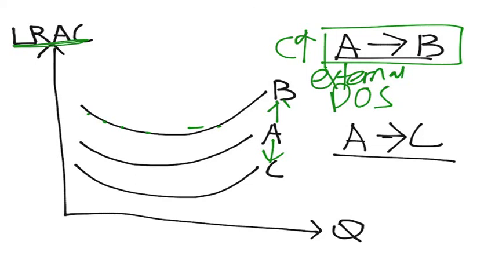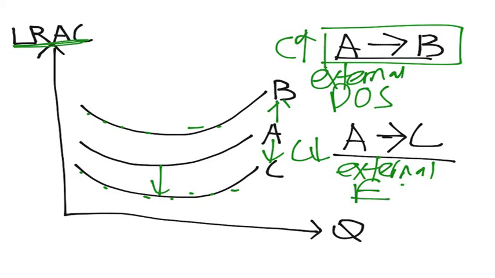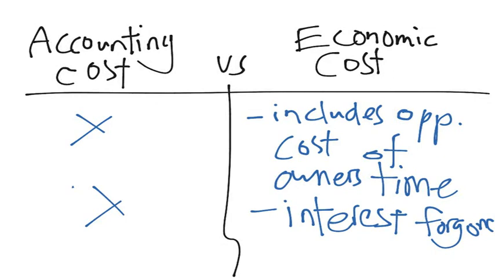Okay. On the other hand, if it shifts from A to C, meaning at every single output, the cost decreases. This is due to external economies of scale. Okay, so remember, if the long run curve shifts, it's due to external factors of economies or diseconomies of scale. Okay.